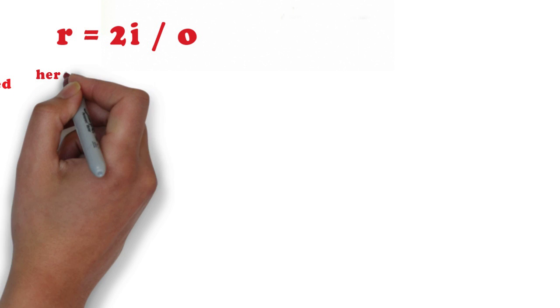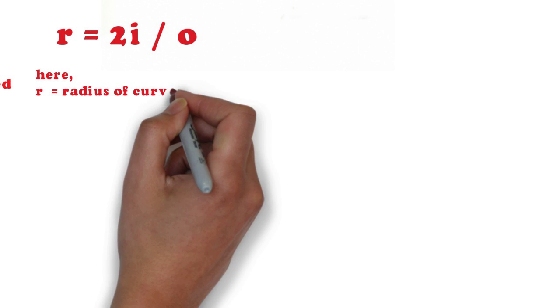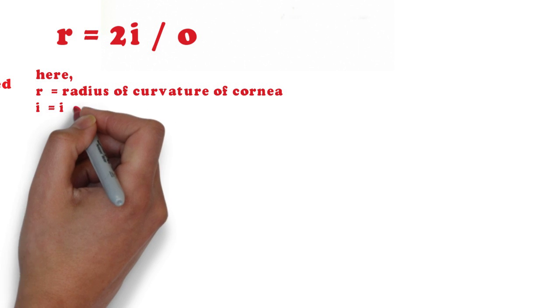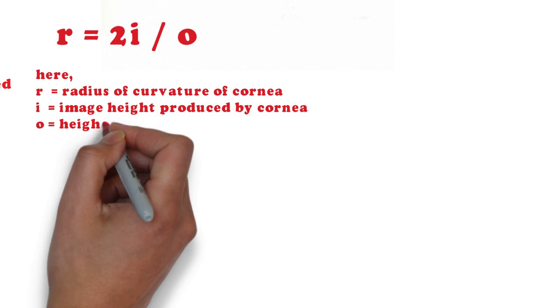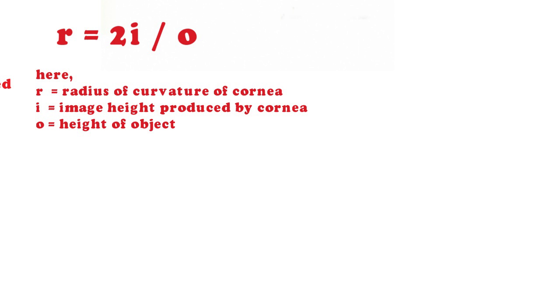Here R is equal to radius of curvature of cornea, I is equal to image height produced by cornea, O is height of object.